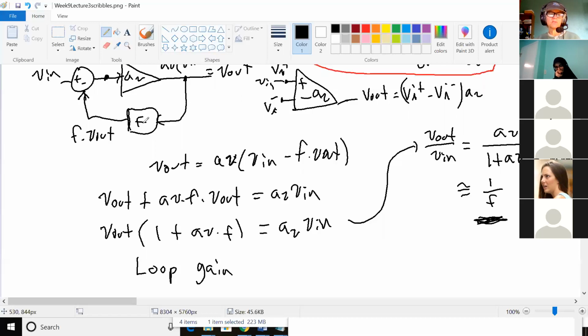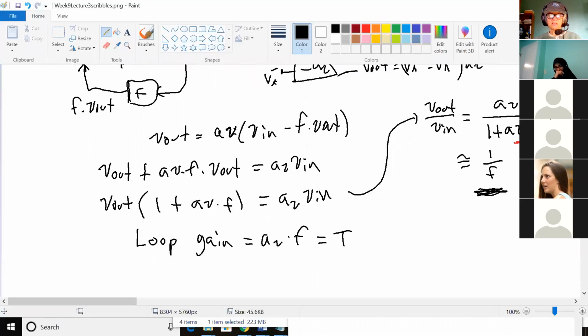If you go around this loop, and if you cascade 2 things with gain, you multiply their gains. So the loop gain is AVF. And because you see it so much, they said, we get tired of writing AVF every time, so let's just call that T. It shows up magically in so many places. Okay, so that is the loop gain.